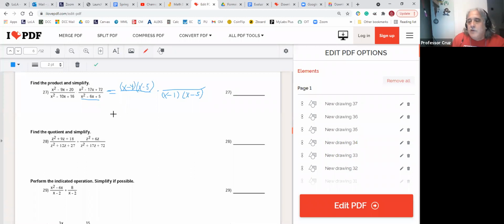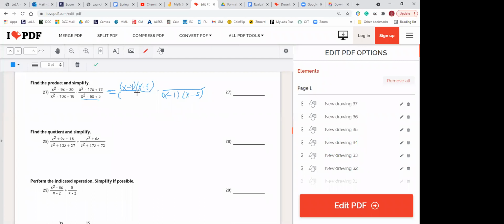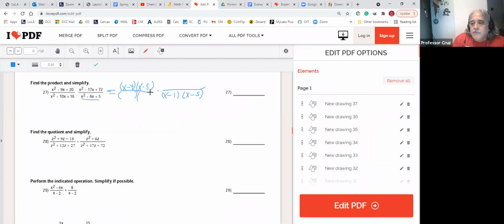Now, this is not the most well-constructed problem because most of these, when you factor them, you're going to usually lose almost all of them. With this one, it's a little bit different. Because I would be tempted to say negative 4 goes into 16 negative 4 times.